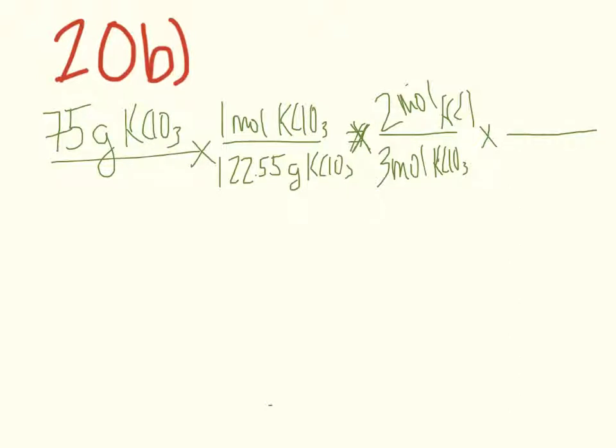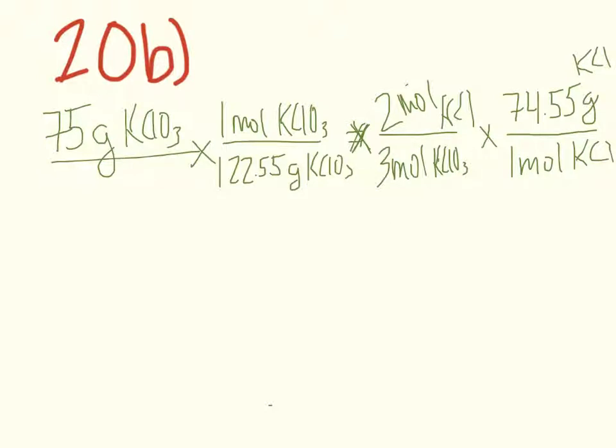I then need to take the molar mass to get grams of potassium chloride. So 1 mole of potassium chloride is equal to the molar mass, 74.55 grams of KCl.